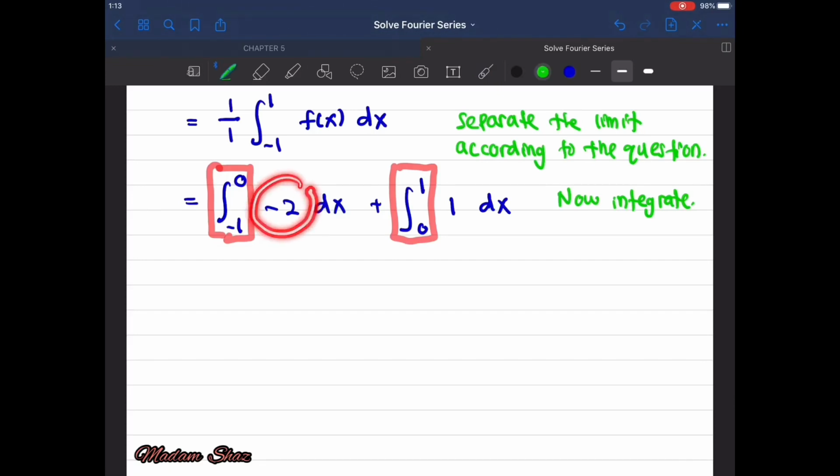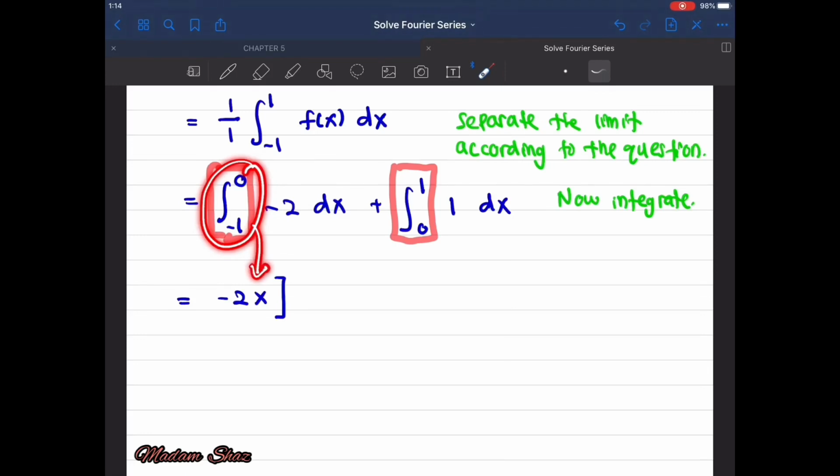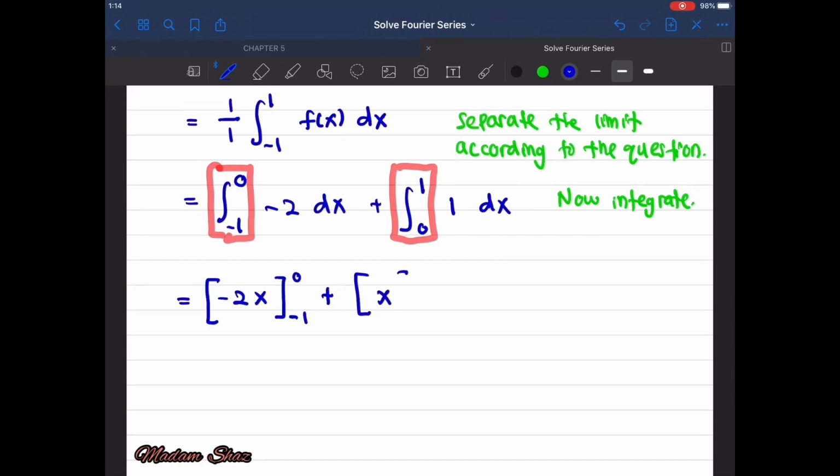Integrating negative 2 will become negative 2x. We don't have plus c here because we have the limit, so we have to substitute the limit into the position of x. Negative 1 until 0, plus integrating 1 will become x, with the limit from 0 until 1.